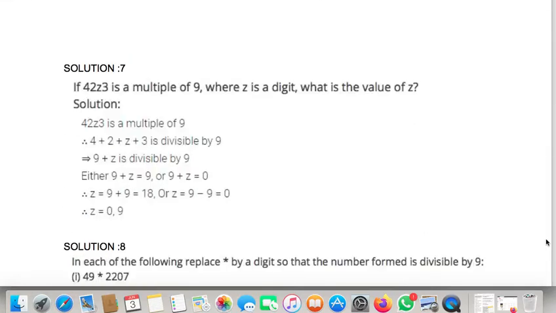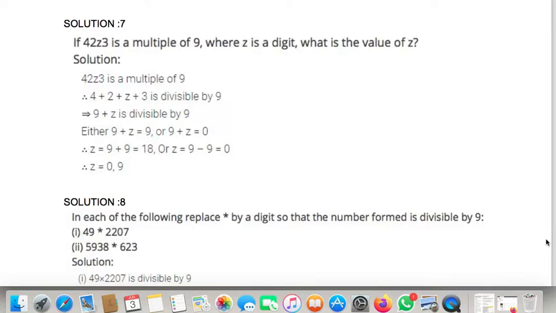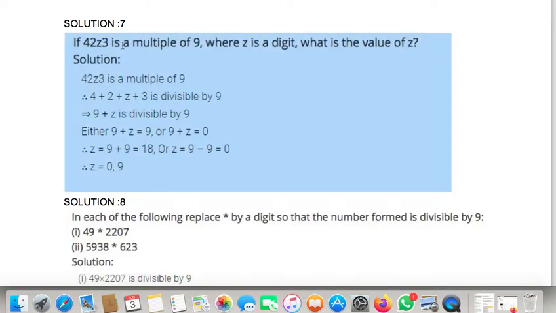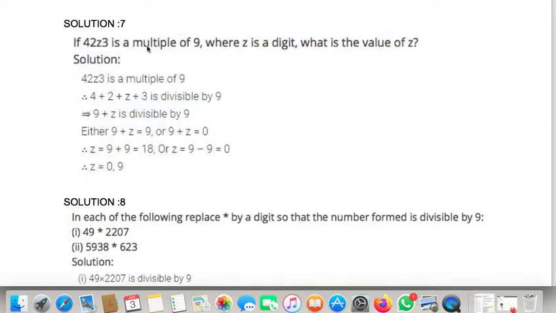Let's start today's class with question number 7. So everyone please pay attention. The question says if 4Z3 is a multiple of 11. Multiple of 11 means what, students? It comes in the table of 9. We all know what comes in the table of 9: 9, 18, 27 like that.